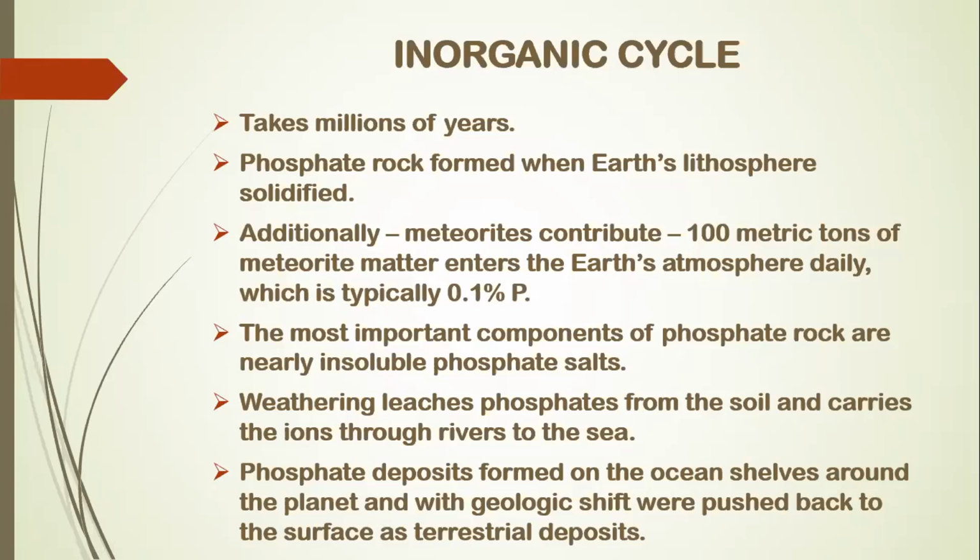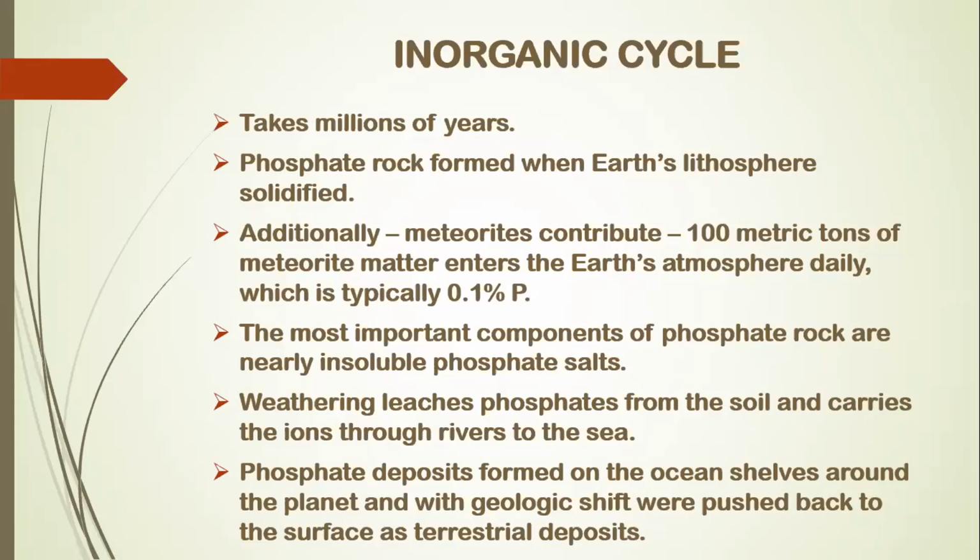The particulates that were in this area of the solar system where our Earth is located, and lithosphere is the outer part of our atmosphere. As these particulates solidify to create what we think of today as the planet, inherent in the mineralogies that were solidified was phosphate rock.